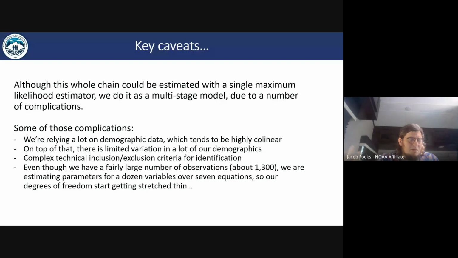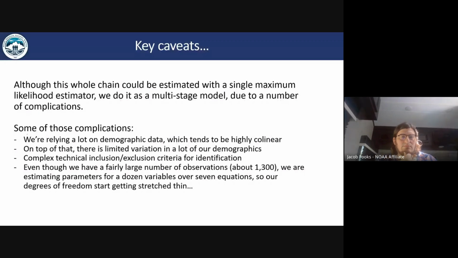Plus, this ends up being a pretty huge model, not huge relative to a numerical weather prediction model, but huge relative to some more simple demographic regression type models. We end up with hundreds of parameters and only about 1,300 observations of people who actually completed the survey. So our degrees of freedom end up getting stretched pretty thin.